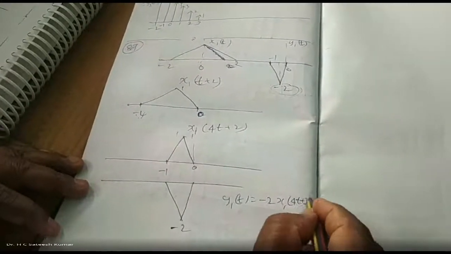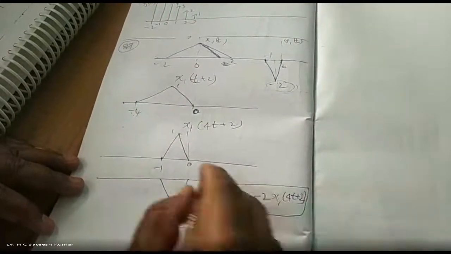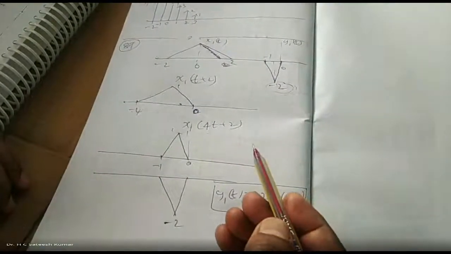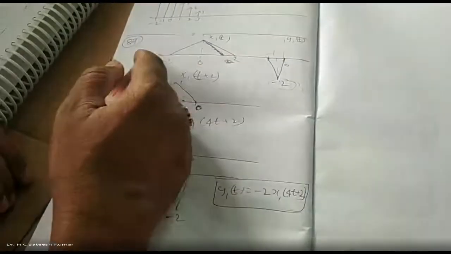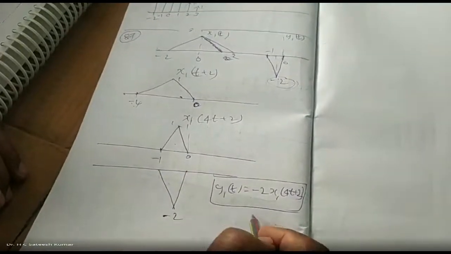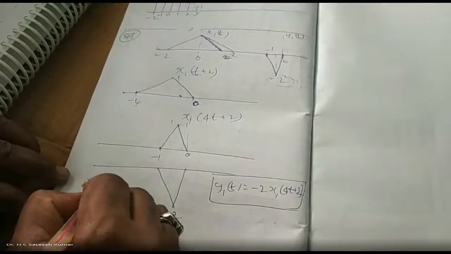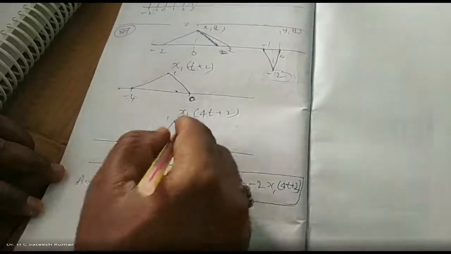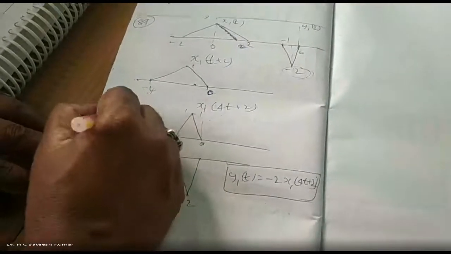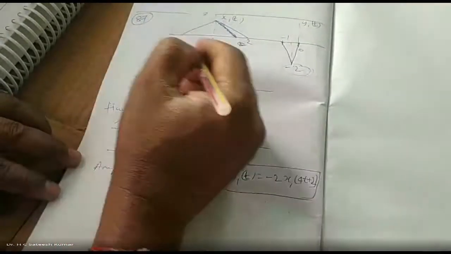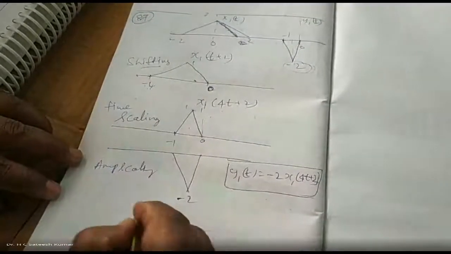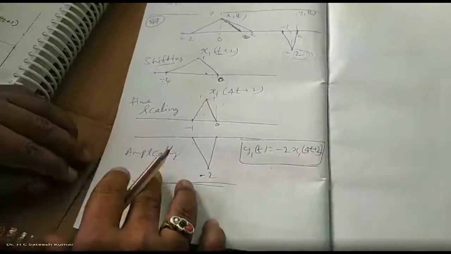That is the operation you need: shifting, time scaling and amplitude scaling. This is amplitude scaling, this is time scaling of course, and this is shifting. That is the operation you should have.